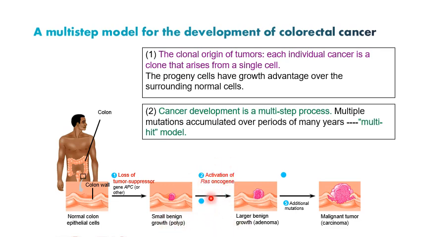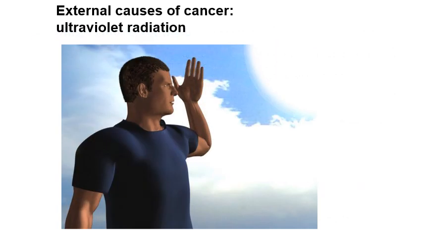Then the activation of the RAS oncogene, which is related to several categories of genes that cause this type of cancer. So first, the loss of the tumor suppressor gene APC, then the activation of the RAS oncogene, where this polyp will develop into adenoma, and then again a loss of the tumor suppressor gene DCC to develop the adenoma further, and again a loss of the tumor suppressor p53 that will cause the malignancy.